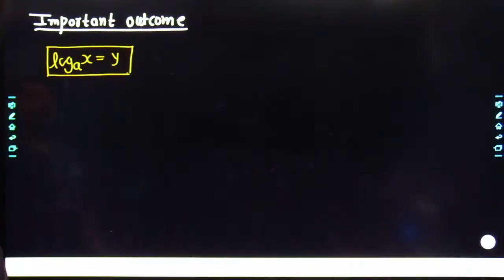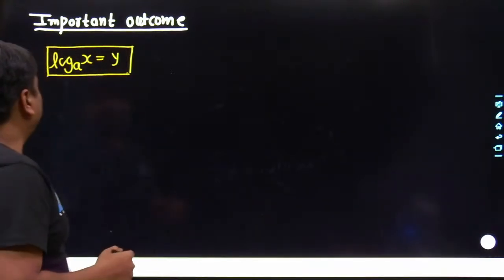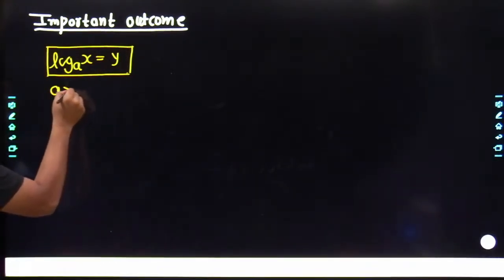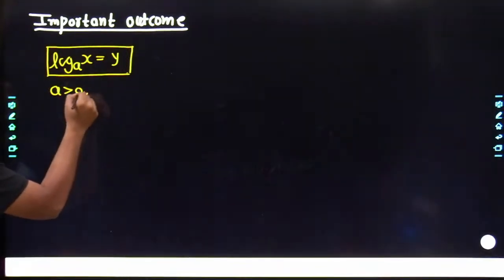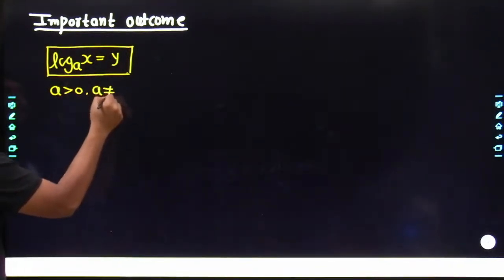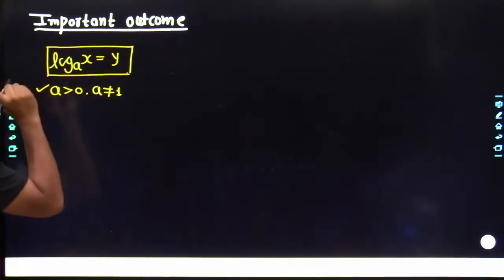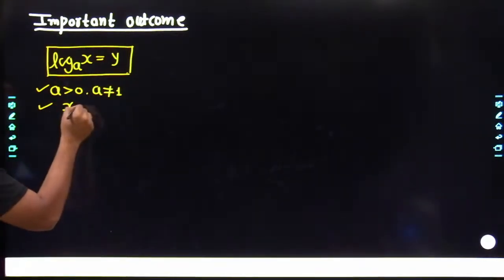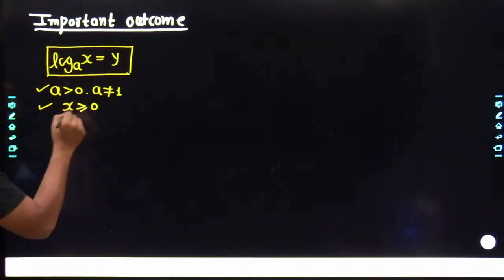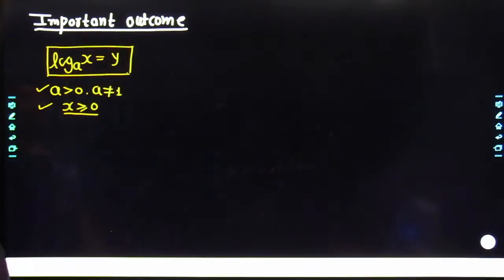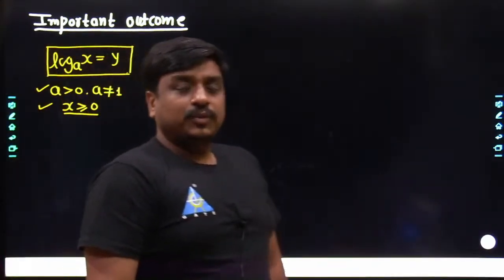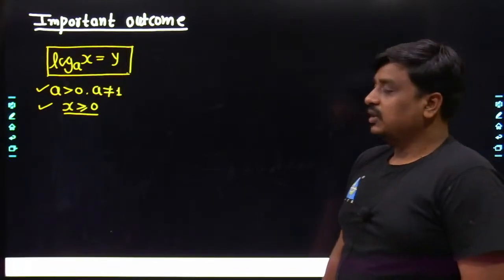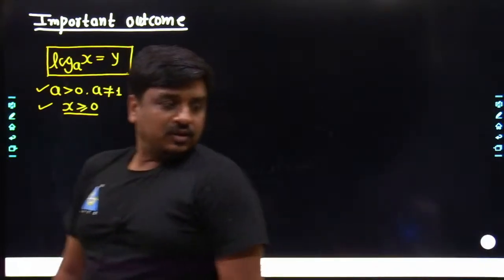This would be an appropriate mathematical function provided a has to be a positive value except a equal to 1. That's the first thing. Secondly, x should be greater than 0. Till this point, probably each and everything could be understood.